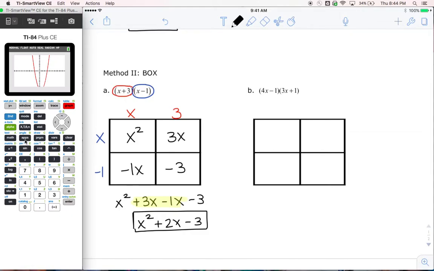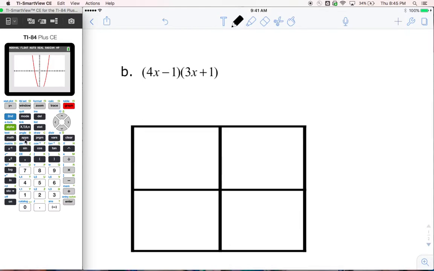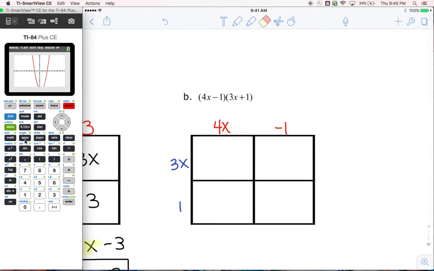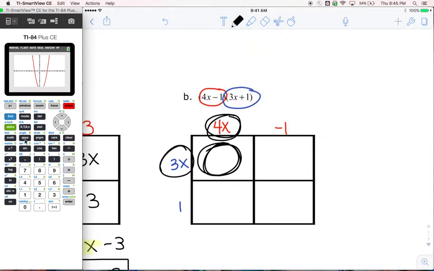Let's try one more box method just to give you a little more experience with it. We're going to take 4x minus 1, and label one side of the box. We're going to take another side with my second expression, so 3x and a positive 1. In this first box is going to be the product of 4x and 3x.